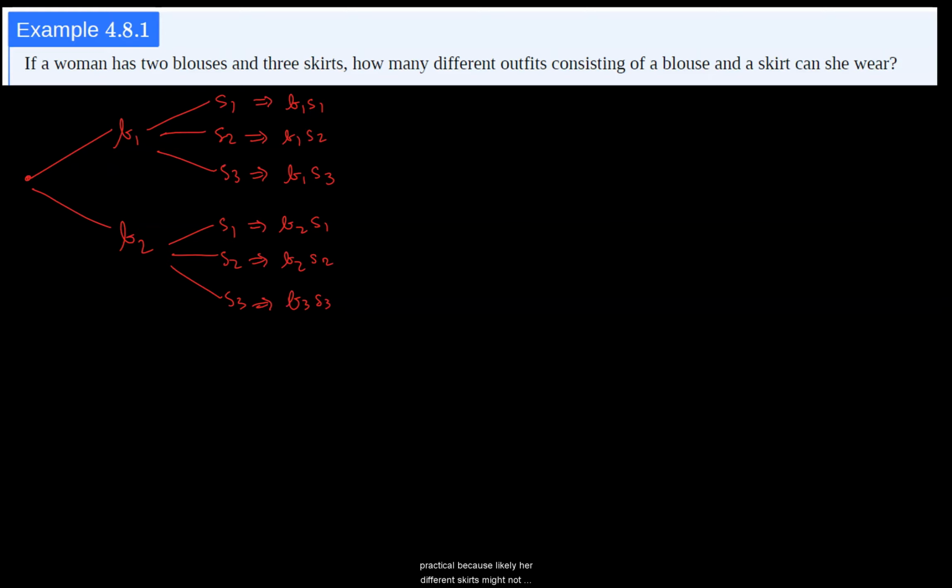Granted, this isn't very practical because likely her different skirts might not match both blouses, but let's say that she's one of those savvy dressers that is able to mix and match her clothes in such a way. She has 6 different outfits that are completely different.